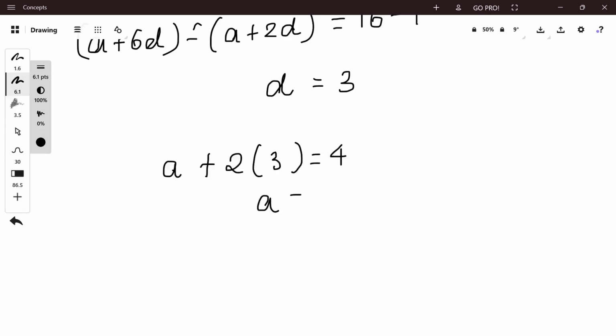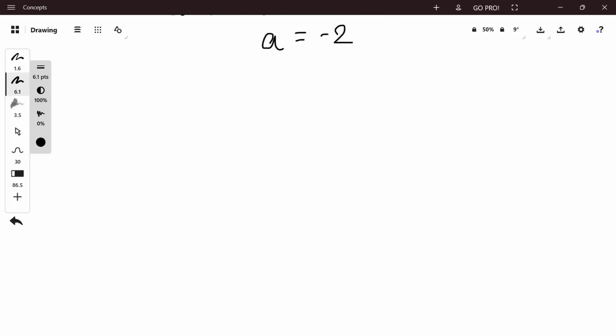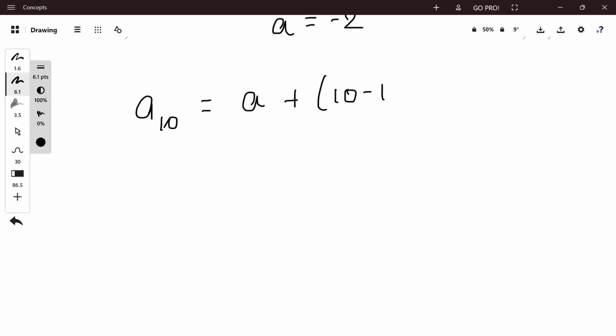That gives us a is equal to minus 2. Using the formula for the 10th term, a10 with a is equal to minus 2 and d is equal to 3, we have a10 is equal to a plus 10 minus 1 d, that is equal to minus 2 plus 9 into 3, which is equal to 25.